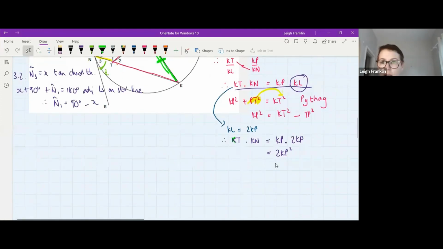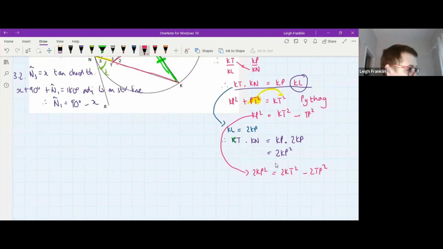Now coming back to this line over here, I can say that 2 KP squared will be equal to 2 KT squared minus 2 TP squared, because I've just multiplied through by 2.